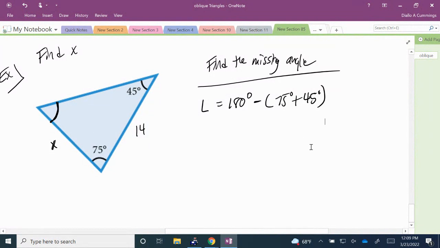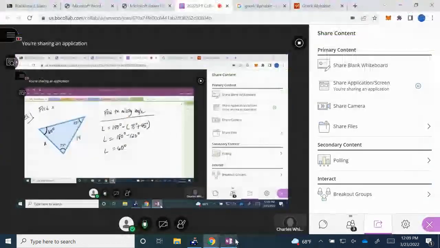So if we were to add 75 and 45, we would get 120. And 180 degrees minus 120 degrees is 60 degrees. So we have the missing angle measure of 60 degrees.